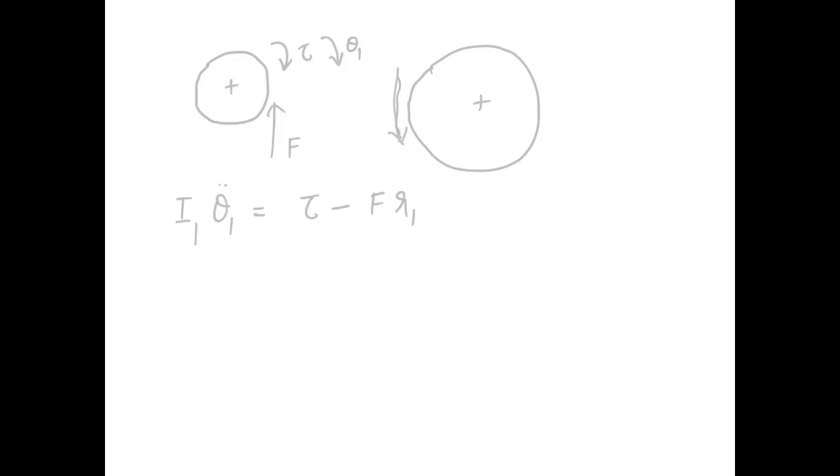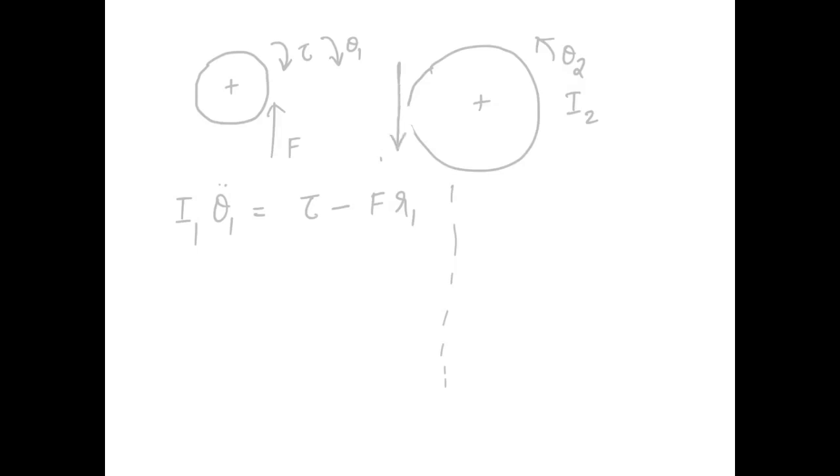Similarly, for the gear, let's say this is the theta 2 direction. This is our F. I didn't draw it vertically, so let's make it more clear.